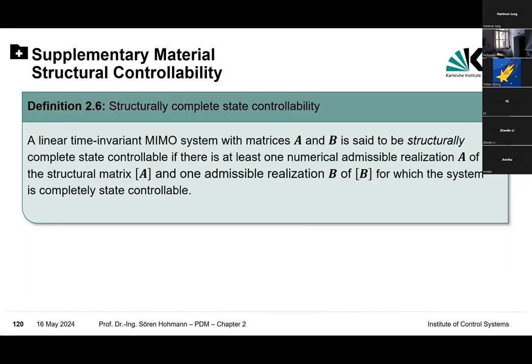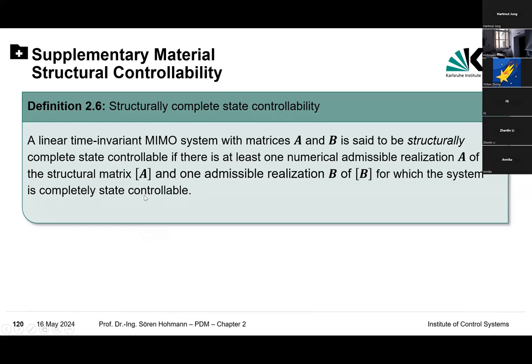And the answer is given here. First the definition: a system with matrix A, B is structurally controllable, completely state controllable, if there is at least one numerical admissible realization A of the structure matrix A, and the same for B, such that the system is completely state controllable.